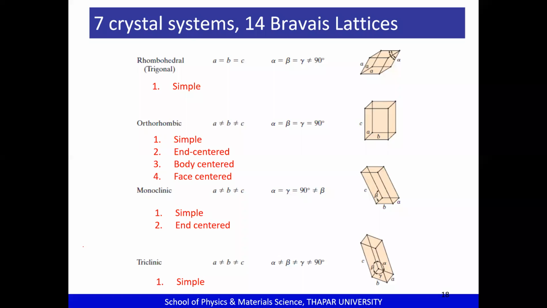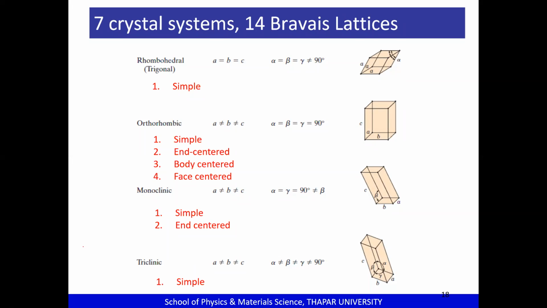You might have a question in your mind that in certain crystal types, there is a specific Bravais lattice present, and in certain other crystal types, a couple of Bravais lattices are missing. For example, if you look on this slide, for rhombohedral, we have only the primitive unit cell possible, which is simple, while for orthorhombic, all the 4 types of unit cells are possible.